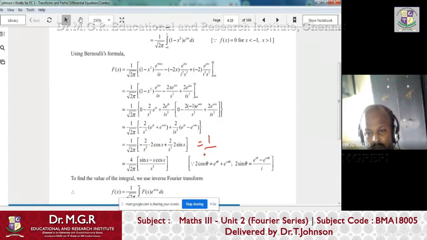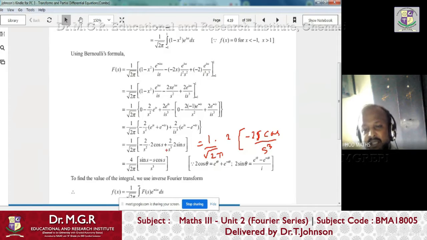1 by root 2 pi, 2 times minus 2 s cos s by s cube. You may ask, sir, how this s comes, right?